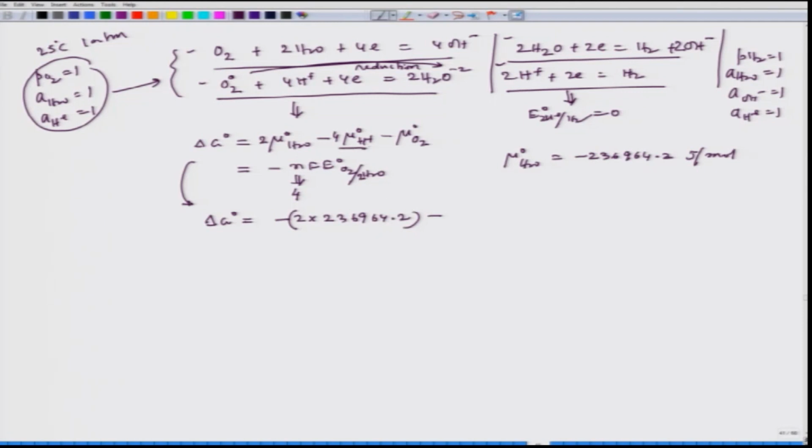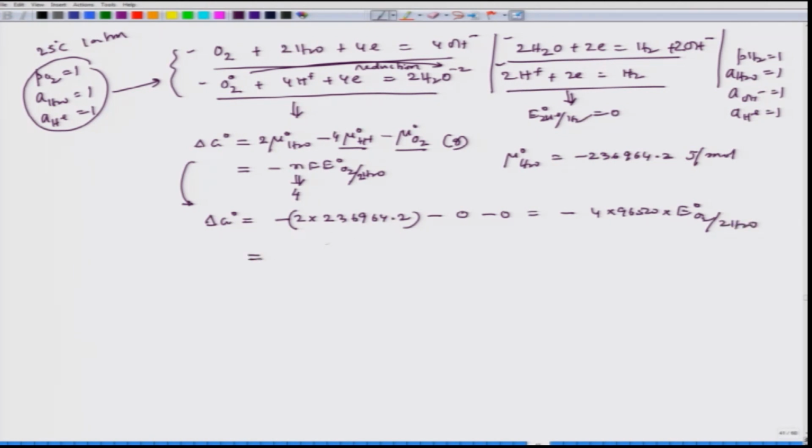Now, you see this one is already 0 and this one is also 0 because this is a gas and this is a standard state. So, its value is 0. So, then this equals minus 4 into 96500 into E0 oxygen to H2O.